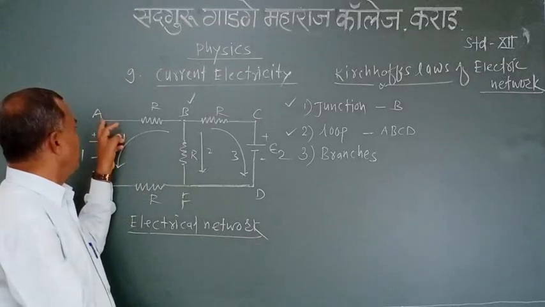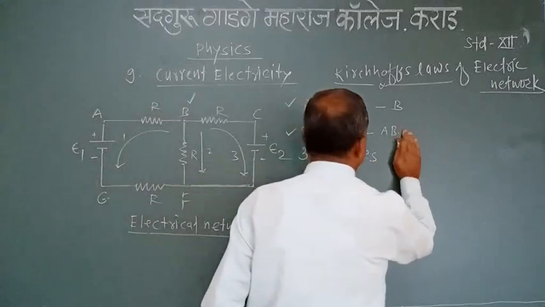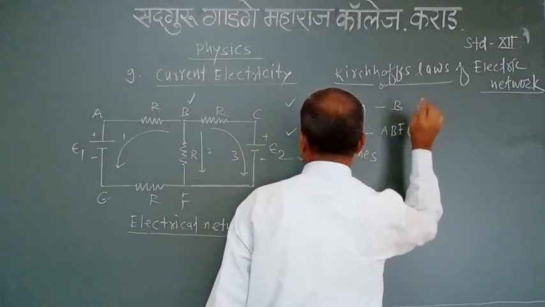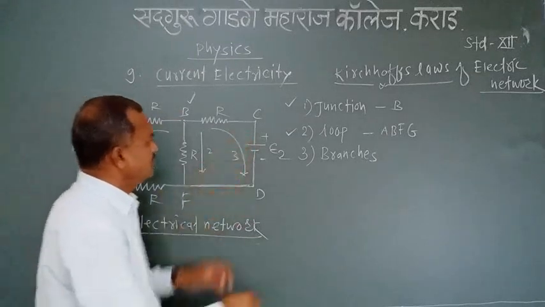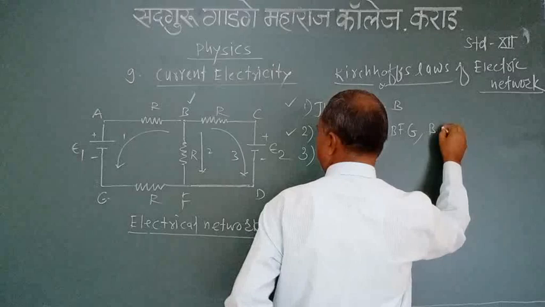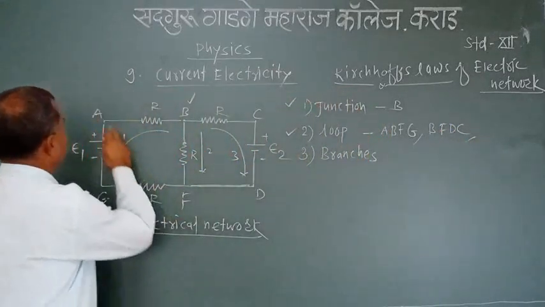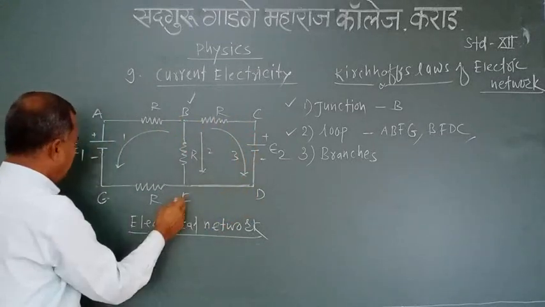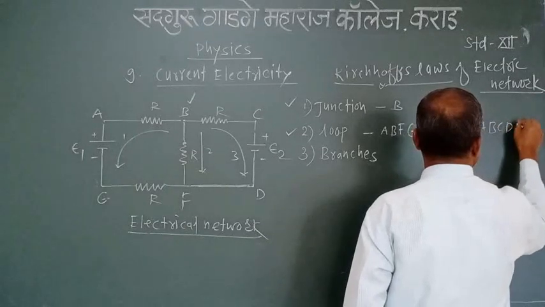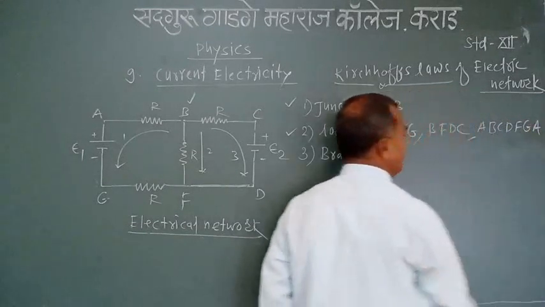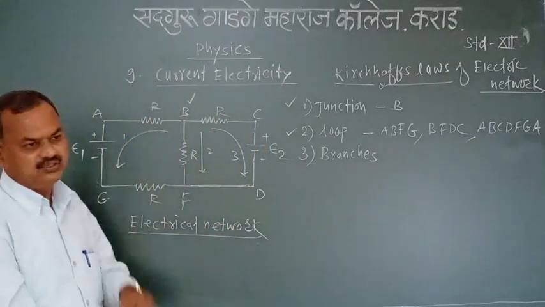In this figure, A, B, F, G, A is the first loop. Second, B, F, D, C, another loop. And last, A, B, C, D, F, G, A. These are 3 closed paths in an electric network called loops.